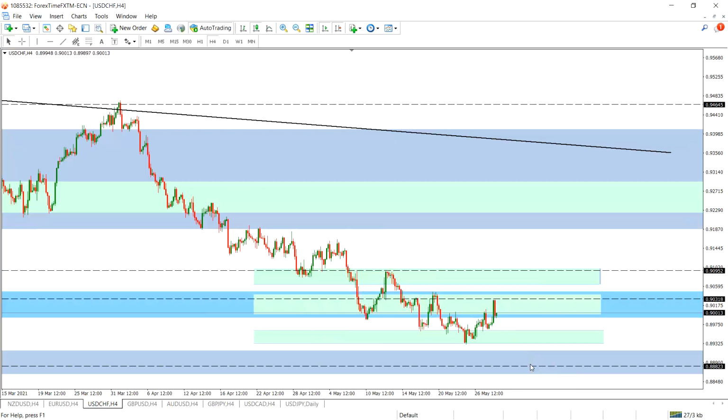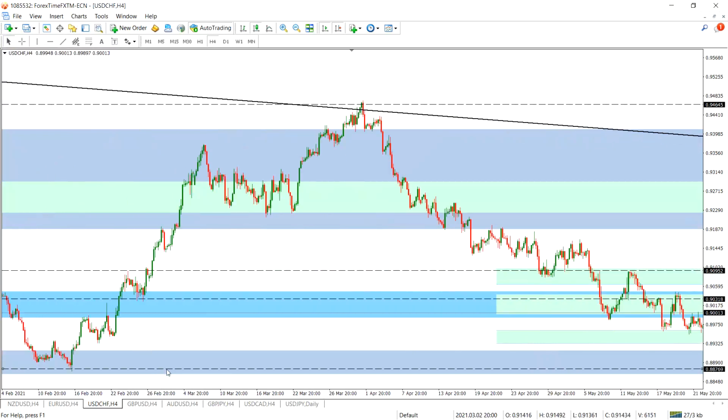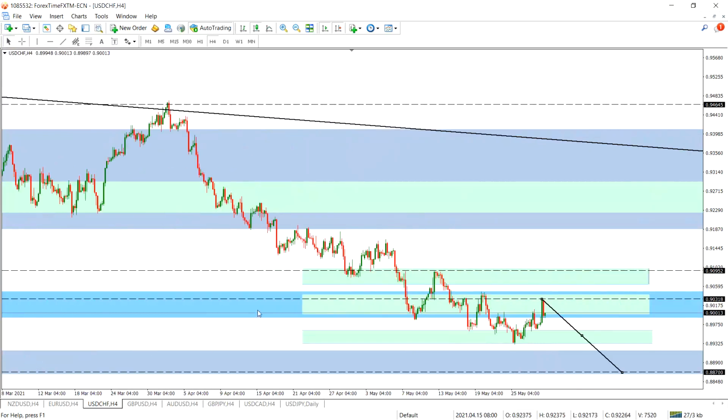So now, how do we know our target if price should move as we want it? This is going to be a perfect example of AB equals CD level. So the CD level is definitely going to be somewhere around this spot right here. So we have a very pure AB equals CD level right here. So this is going to be our exit target.